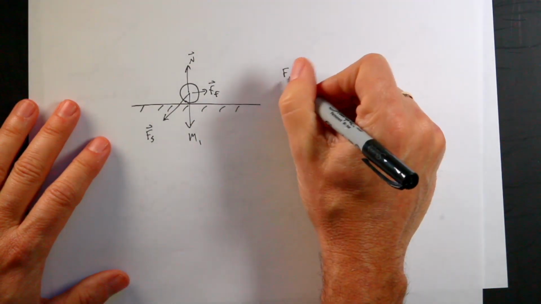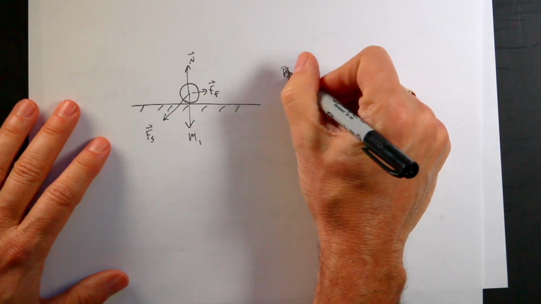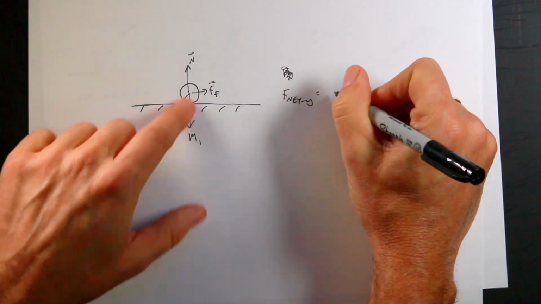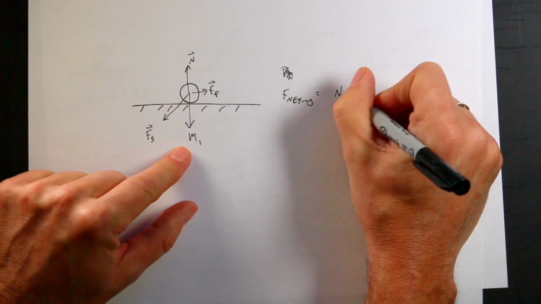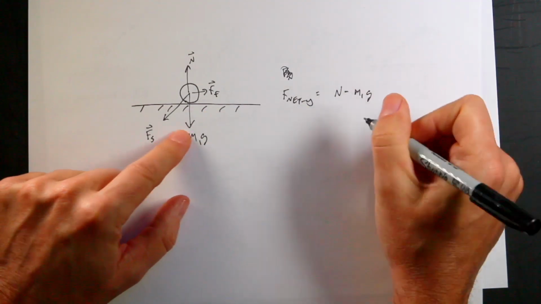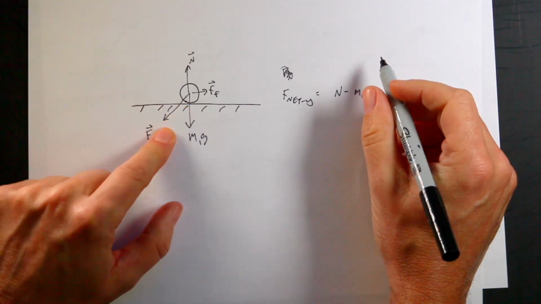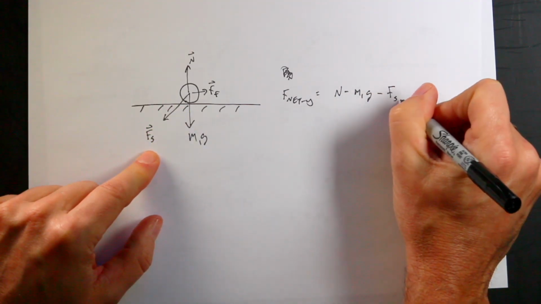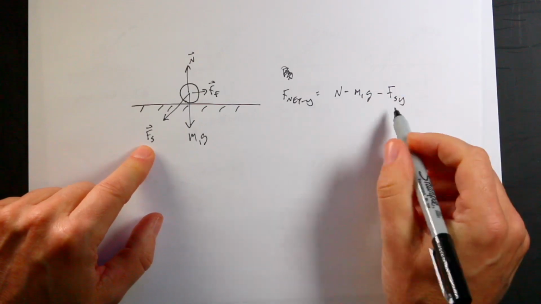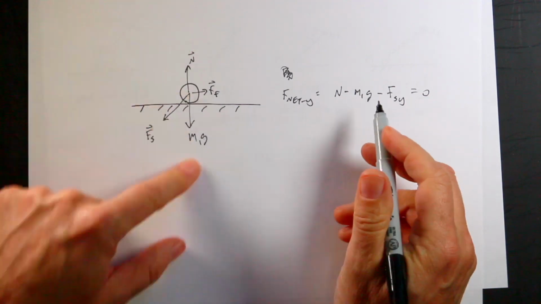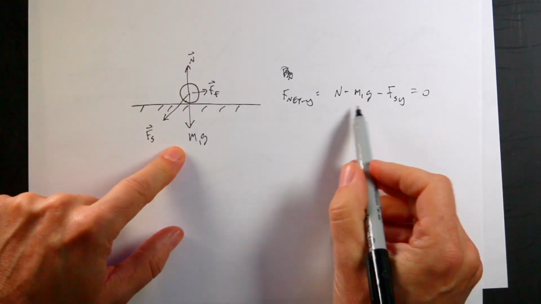For the magnitude of the normal force, I'm going to say F net y is equal to N minus M1G, that's the gravitational force, and then I need the y component of the spring force, minus Fs y. And that should equal 0, because this is not accelerating in the vertical direction, so that has to be true.